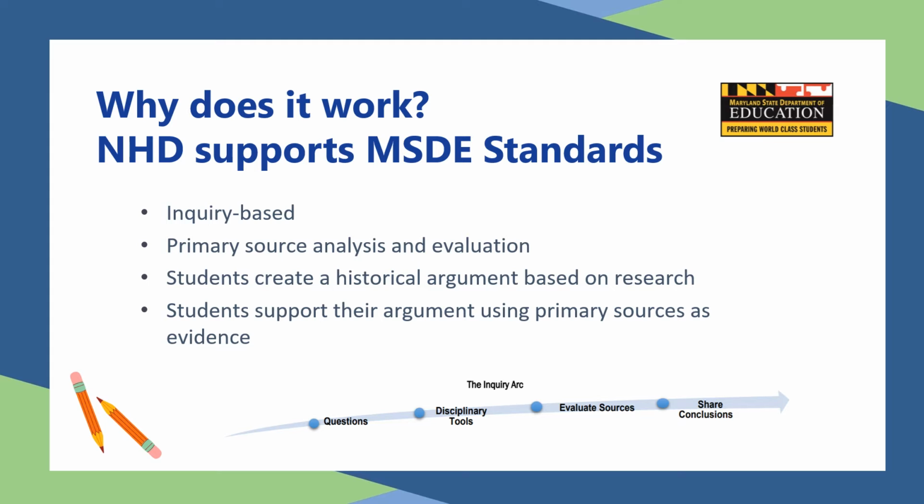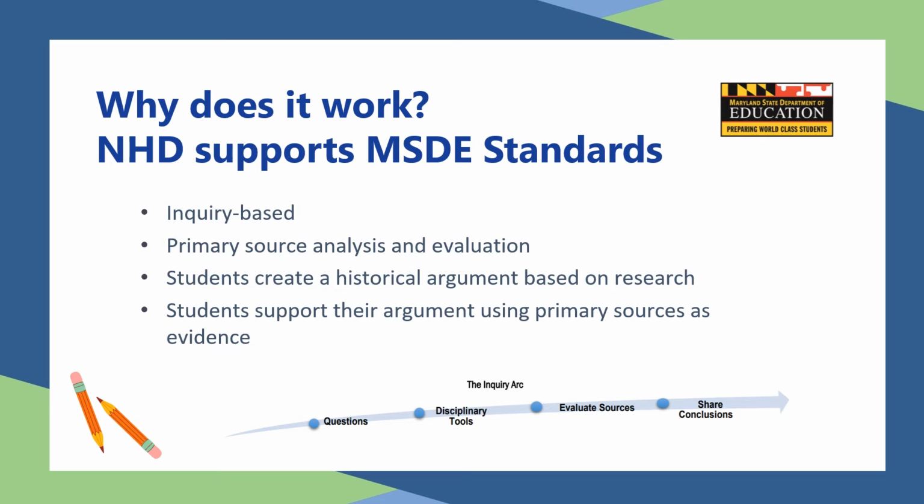Students will create a historical argument based on the research that they did, and students will support their argument using primary sources as evidence. So this project will help students build those skills that they'll be building across their whole K-12 academic careers. And these are all skills that will also be transferable to other disciplines.